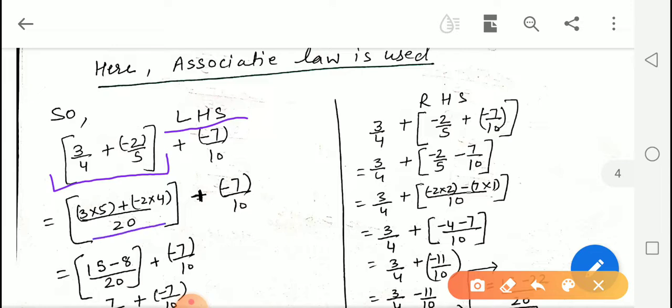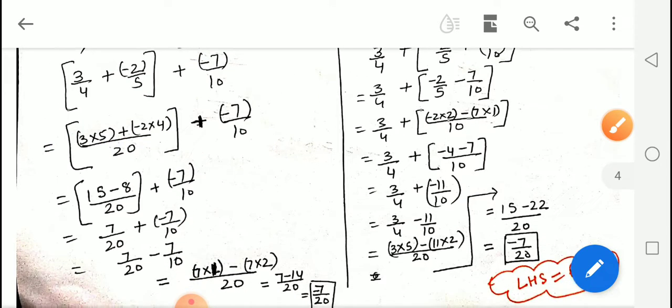First we will solve this bracket like this. We have taken the LCM of 4 and 5, which is 20, and we will solve the numerator. 4 is multiplied by which number so that we get 20? That is 5. So the numerator also is multiplied by 5, and 5 is multiplied by which number? That is 4. So its numerator is also multiplied by 4, and this number we will write as it is. Now see the next step.